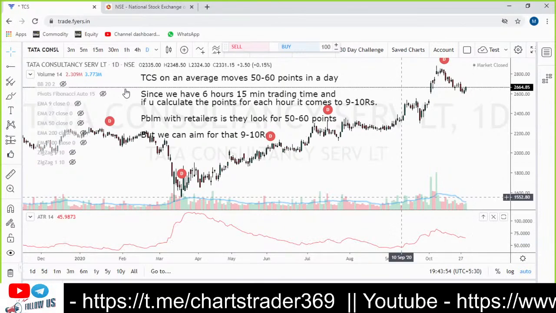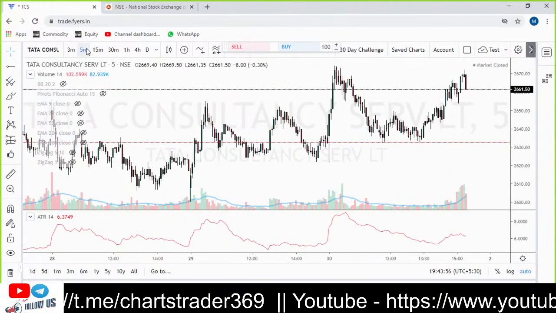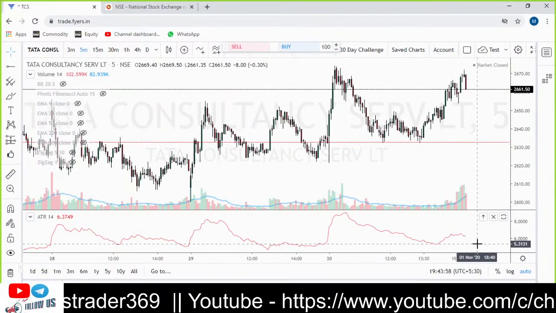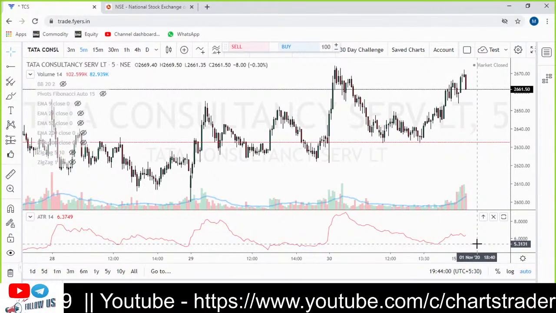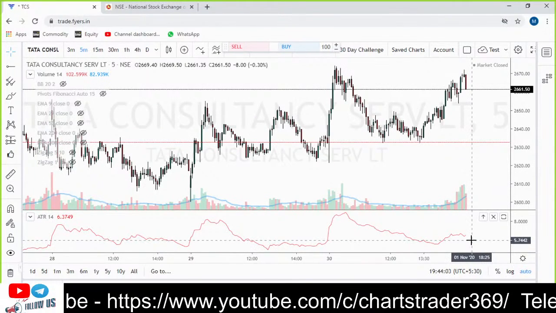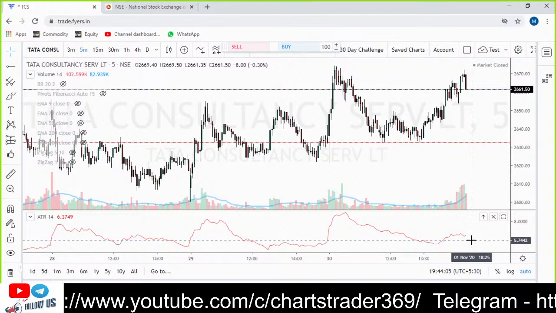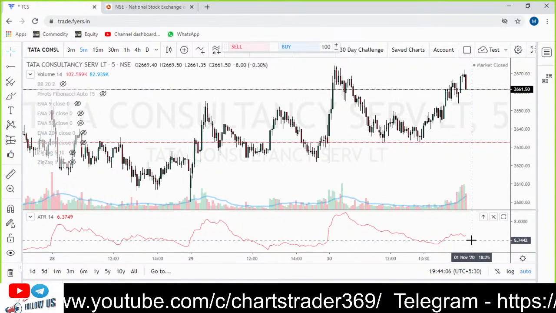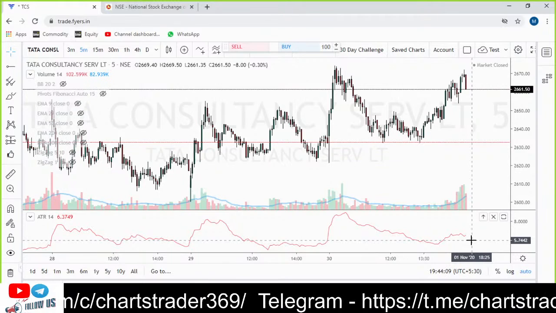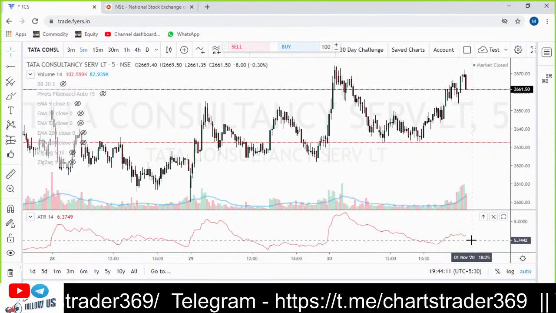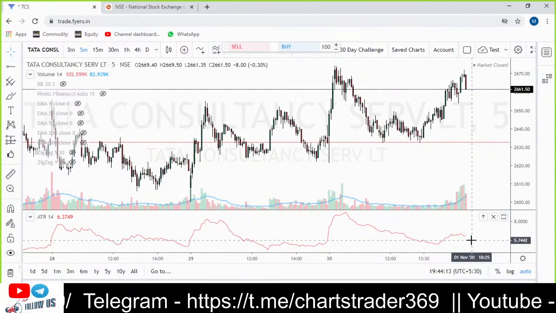Now since I am taking my trade in 5 minutes or 10 minutes, what should I aim for? On 5 minutes, the ATR is 6 rupees. I hope you are getting what I am trying to say here. So on the 5 minutes time frame, you have to look for a 6 rupees target, not 50 60 rupees.